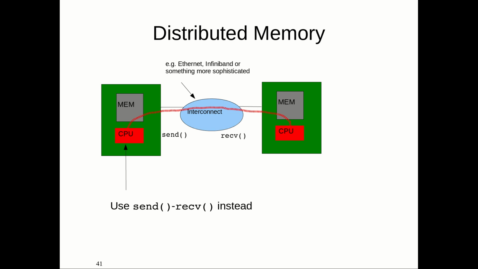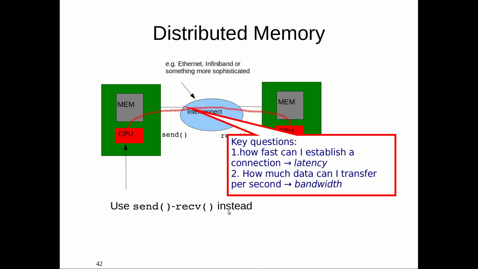And so that's what it does. It sends a message to the other CPU that, of course, needs to, at the same time, execute a receive message and will then send the data back to the requesting CPU. So this is the send-receive paradigm that we use here.